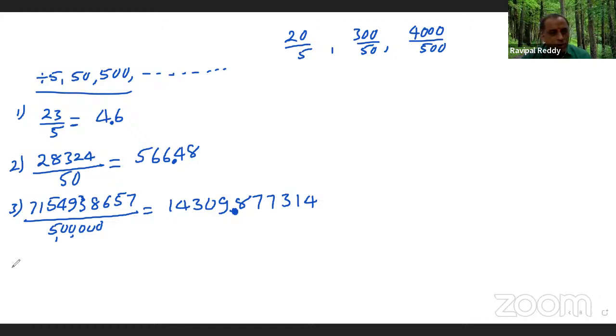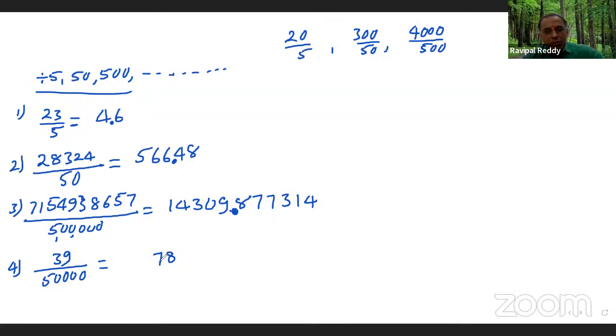Take one more example. 39 by 50,000. Double of 39 is 78. But in 78 only 2 digits are there, while in the denominator there are 5 digits.